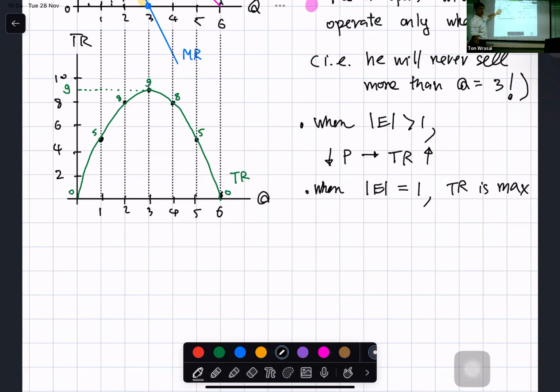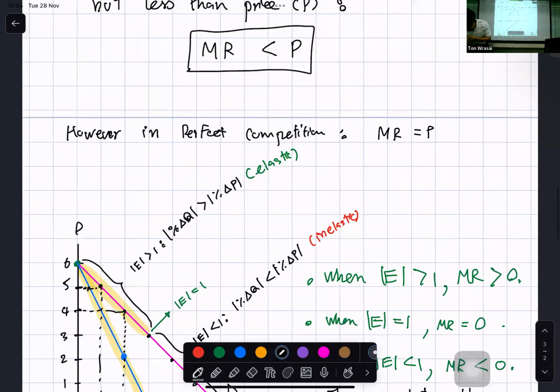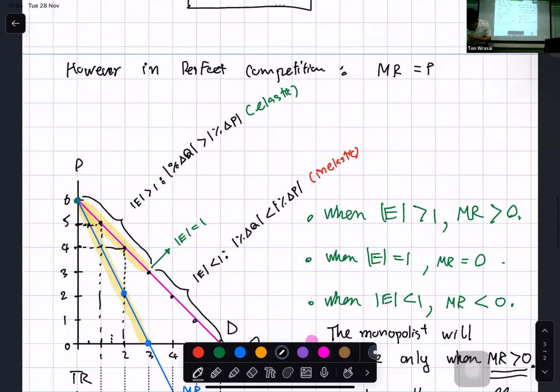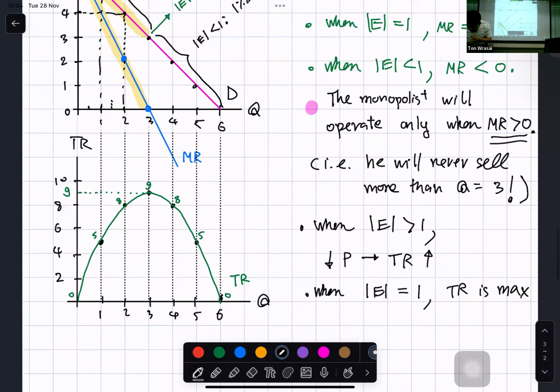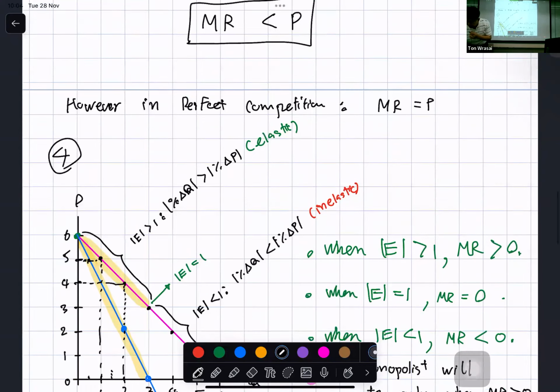So when monopolists want to boost the revenue, he will reduce the price to attract more sales and revenue increases. That's fact number 4.